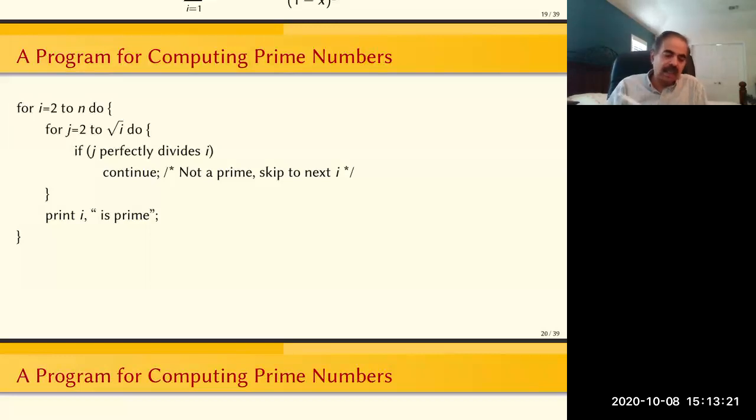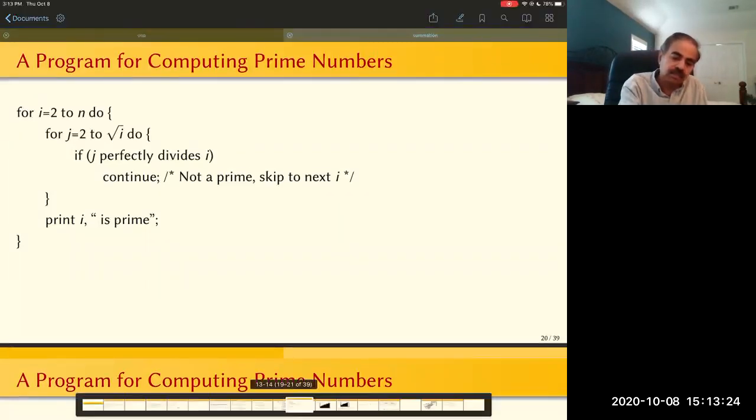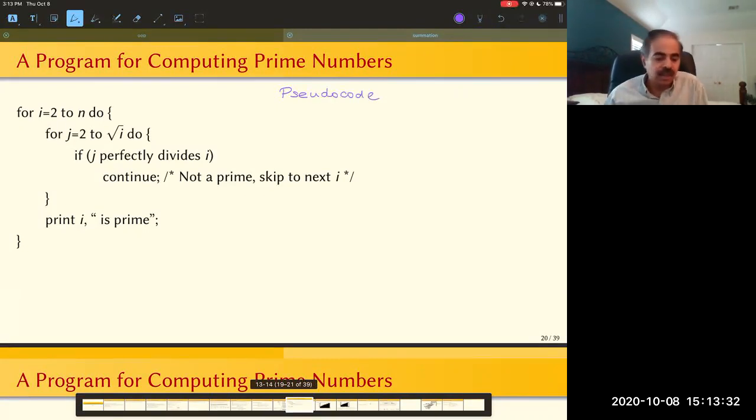So here is an example program. Often this is called pseudocode, to say that it's not a real program that will necessarily run on any system, but it conveys what someone is trying to do. This is a program for printing prime numbers that are less than some number n. It's trying to print out all the prime numbers that are less than n, and it has two loops.